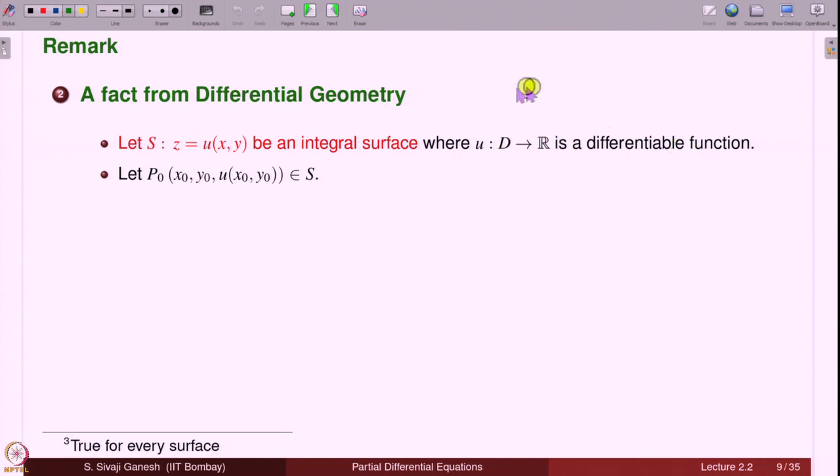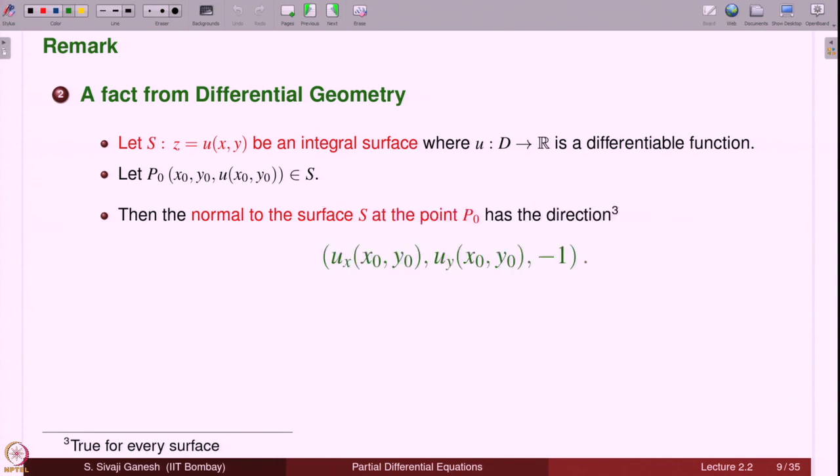We write integral surface here because in this lecture we are worried only about integral surfaces: in PDEs we want to find solutions, therefore we are interested in surfaces described by solutions of the equation. So, take a point P naught on the surface. Then a normal to the surface S at the point P naught has the direction u_x, u_y, minus 1.